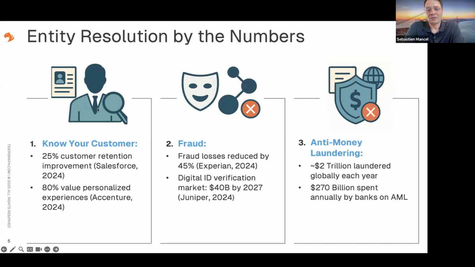Globally, $2 trillion is laundered each year, and banks spend $270 billion annually to try to stop it. So these are staggering numbers, but yet gaps in entity resolution continue to create risk. So the bottom line is, entity resolution is not just a compliance task, it's the foundation of customer experience, fraud prevention, and anti-money laundering.